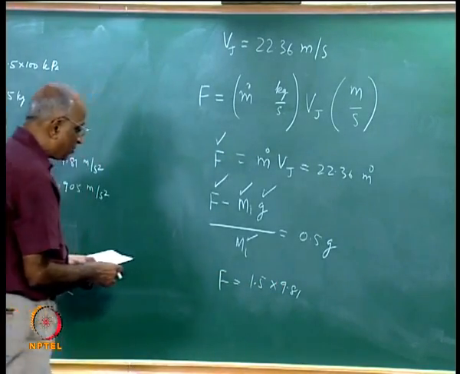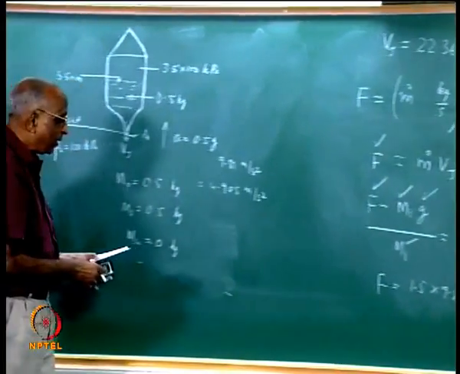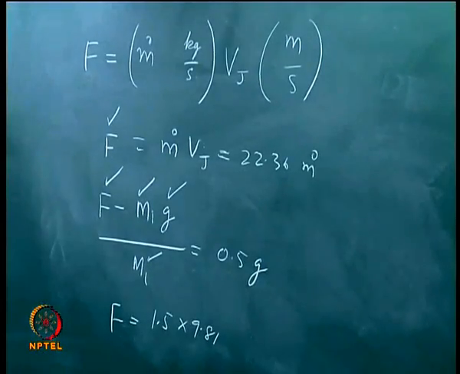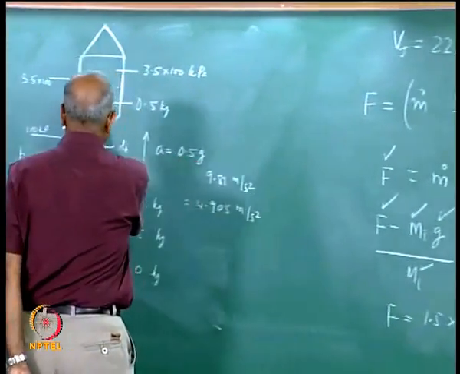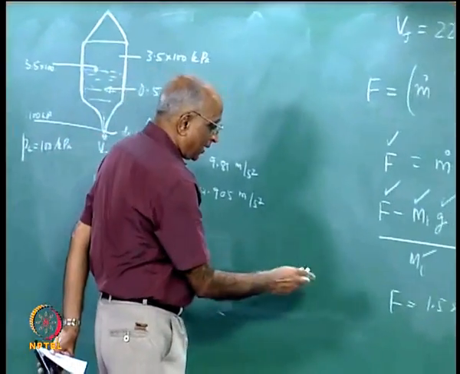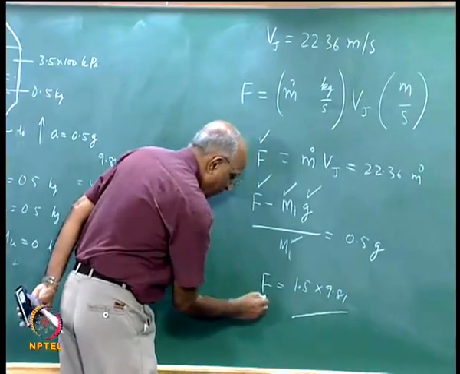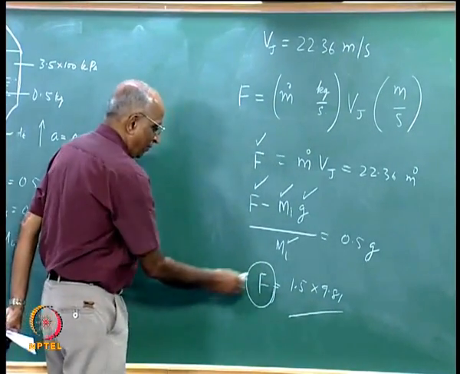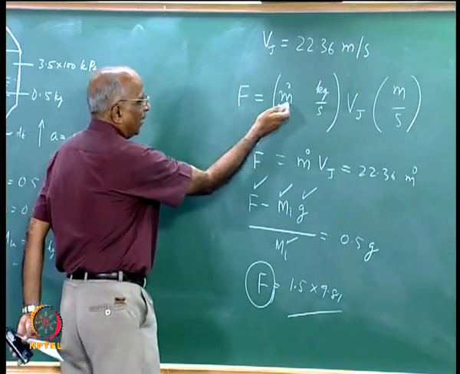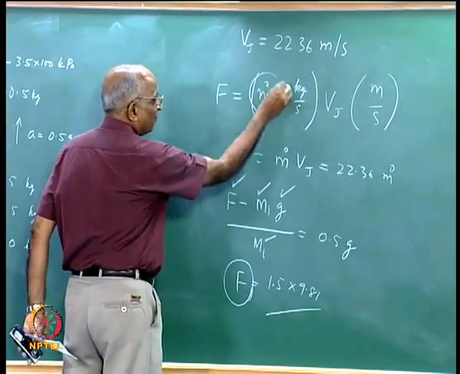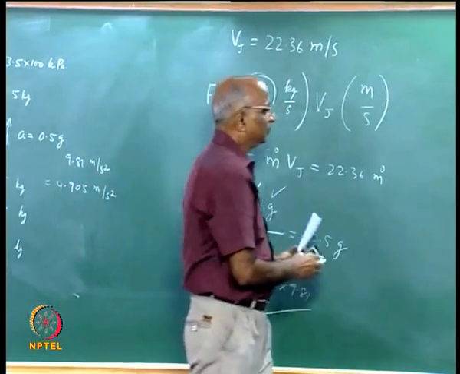What is the value of mi we have got? See, we said mi is equal to totally 0.5 plus 0.5, right, and therefore I can calculate the value of F, which is 1.5 into 9.81, I put it over here, and what I get is the value of m dot.